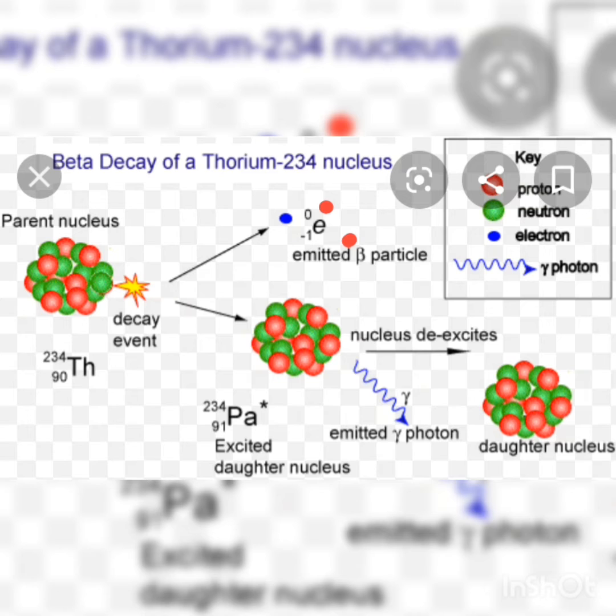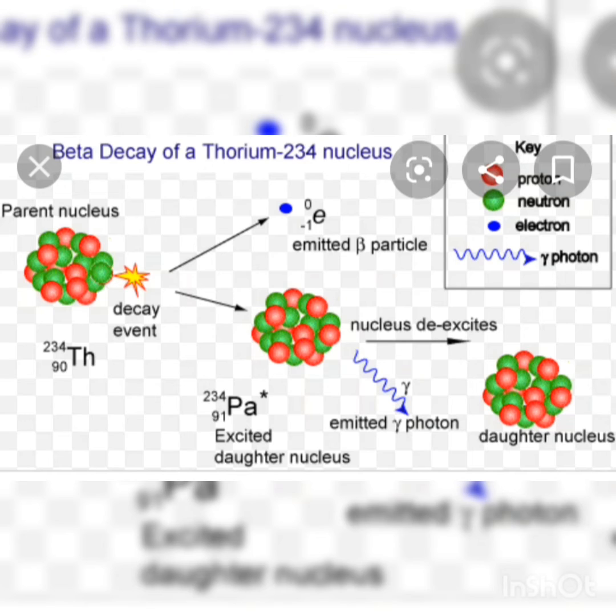So a beta particle is an electron emitted from a radioactive atom. Therefore, a beta particle has a negative charge, like an electron, and a mass equal to the mass of an electron.